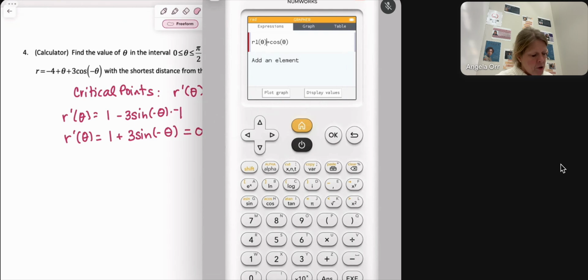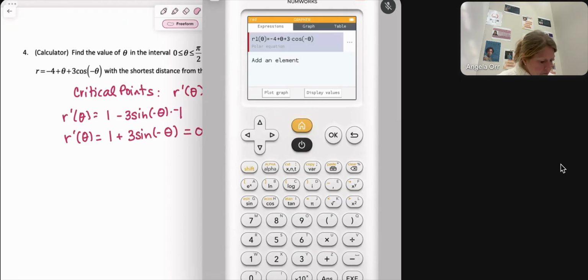I'm not going to enter the derivative that I calculated by hand. Depending on the problem, you might have to solve the equation by hand, or sometimes you might need to find it using the calculator. So I'm going to enter -4 plus theta plus 3 cosine of negative theta. Okay, I'm going to hit OK.